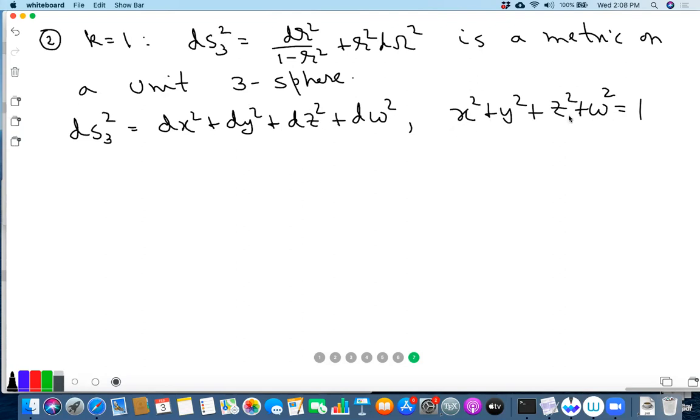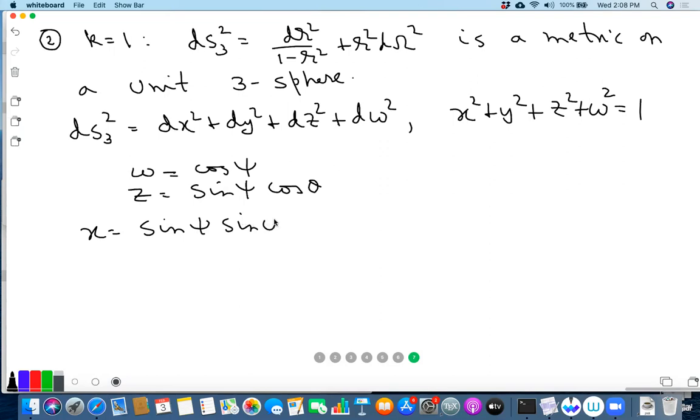So we'll parameterize it in terms of 3 independent coordinates as follows. I'll write w equal to cos psi, then z equal to sin psi cos theta, x as sin psi sin theta cos phi, and y as sin psi sin theta sin phi.